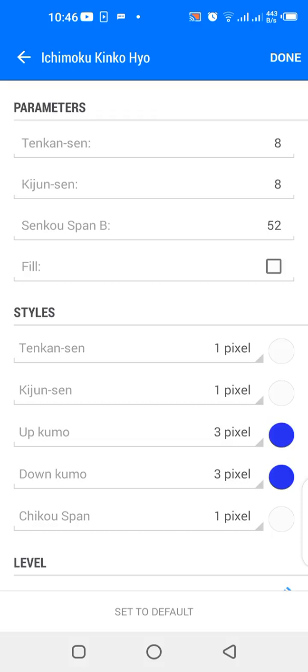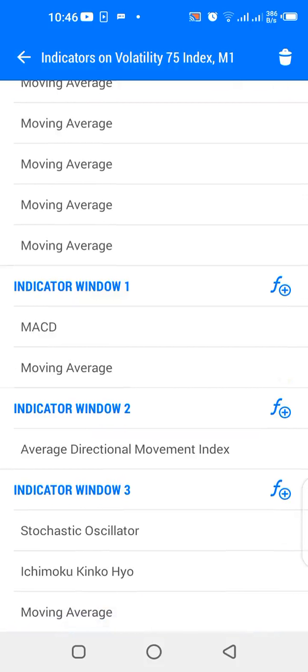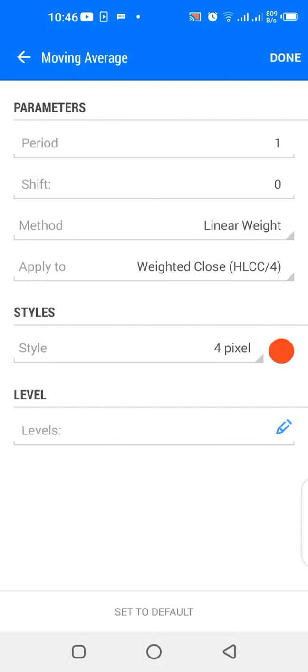But the up Kumo and the down Kumo colors will be navy blue. Then the last indicator on indicator window 3, we have moving average. The period is 1, shift is 0, method is linear weighted. You apply it to weighted close, and the color is red.